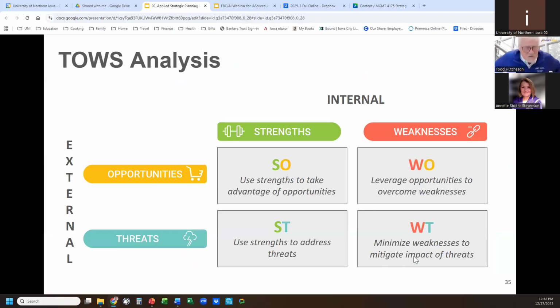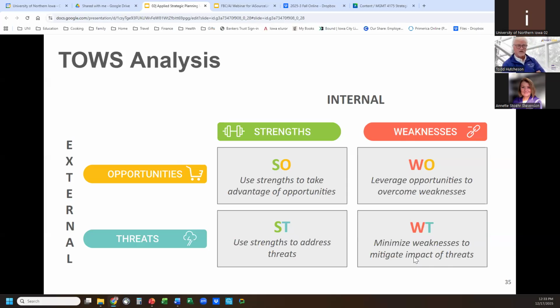We can also transition then. Once we've done our SWOT analysis, once we understand those strengths, weaknesses, opportunities, and threats, we can play them off against each other. For example, I can look at my strengths as an organization and say, there are these opportunities out there. How can I leverage one of my strengths to achieve or address an opportunity that's out there in the market? Likewise, looking at it from a more negative perspective, let's go all the way to the lower right.